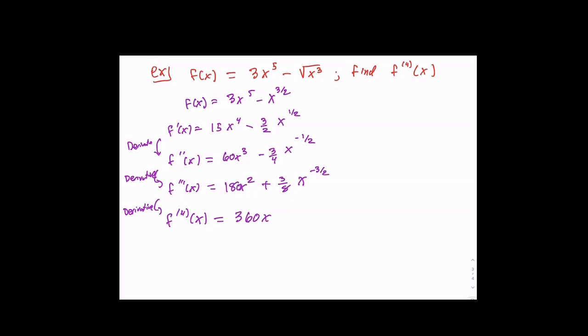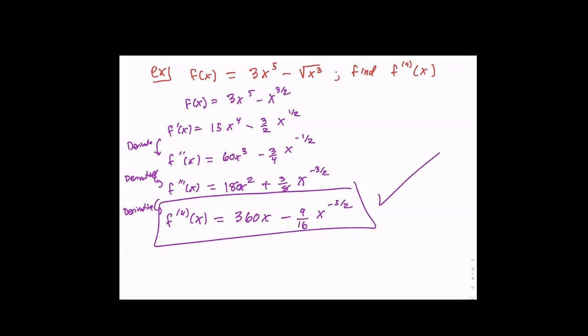What a fraction. That's the most fraction. No, it's just a number. Minus 9 over 16 x, and then maybe like negative 5 over 2. And that's my answer. And that's my lesson for today.